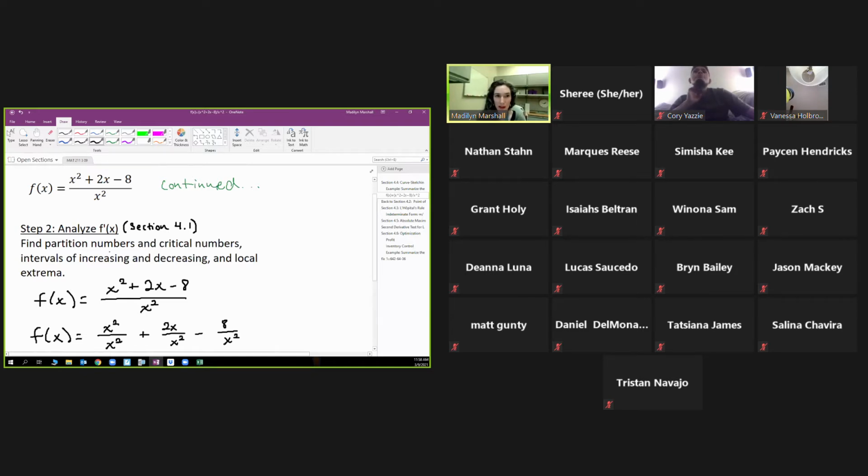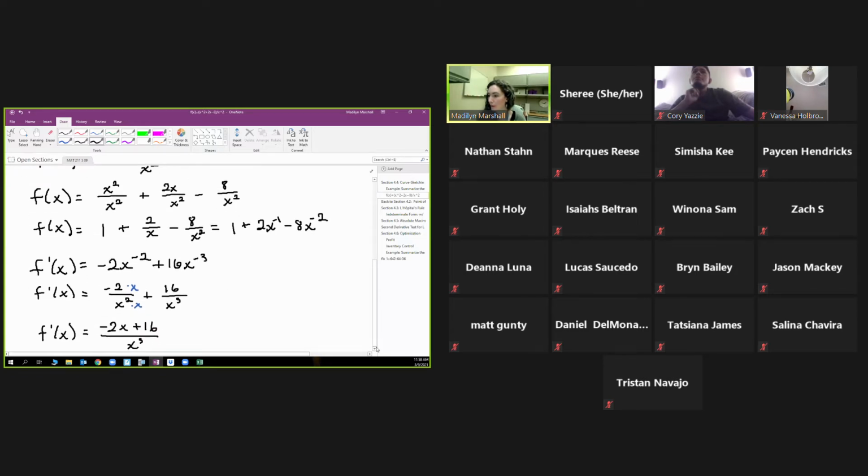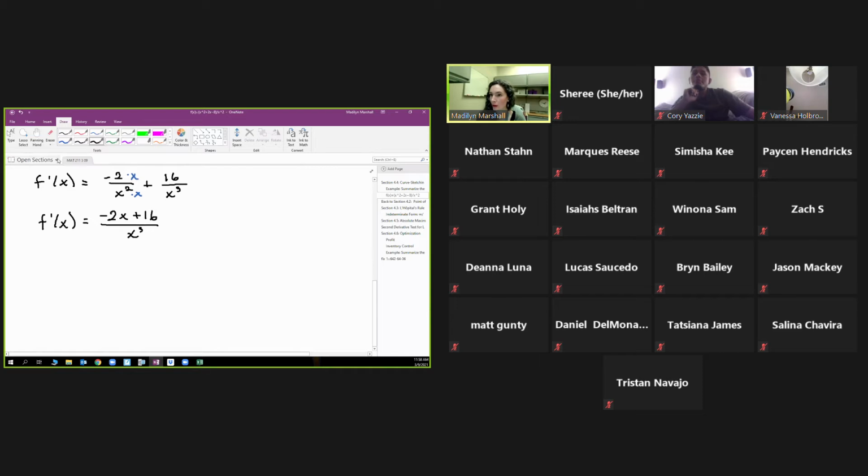So starting with partition numbers. And I'm specifically saying partition numbers of f prime because partition numbers can be found for any function, and we will find them for f double prime in the next step as well.